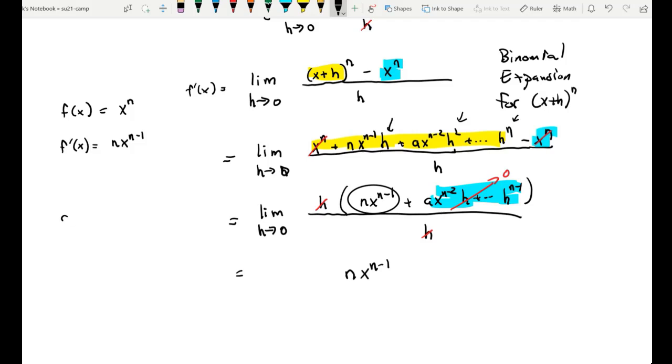So for example, if your function is x to the power 5, according to this rule, and this is what I mean by rule, you derive the formula for differentiating x to the n once, and then you just use the rule that you derived. So 5 times x to the power 4. You bring down the power to get a coefficient, and you subtract 1 from the old power to get the new power.